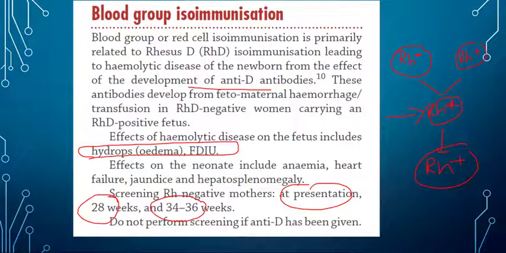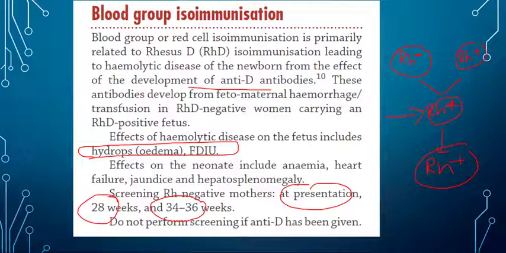In this case, the last part: normally every Rh negative mother should be screened for anti-D antibodies at presentation. That means whenever they first come to you, then at 28 weeks, and then at 34 to 36 weeks.